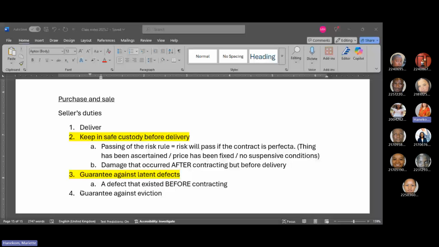A totally different issue, and these two have got nothing to do with each other, is Benjamin buys something from Ms. Kasutu, and after he has taken delivery, he realizes that when he bought it, it was already defective. So it didn't get damaged afterwards. There was already a latent defect.